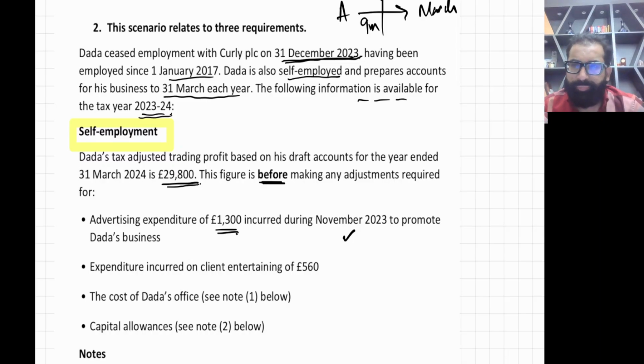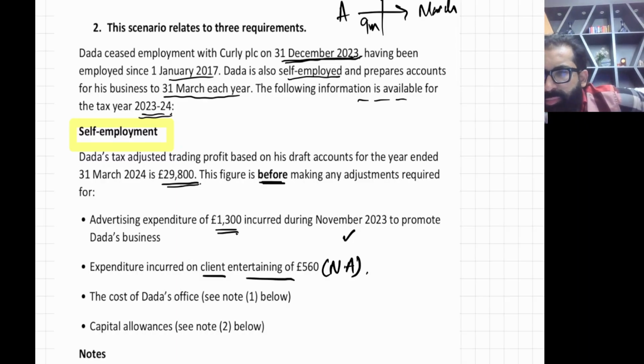Then expenditure incurred on client entertaining, 560, strictly not allowed. Entertaining customers, entertaining clients is not allowed in trading income. Yes, for value added tax purposes, for overseas clients you can get input tax.